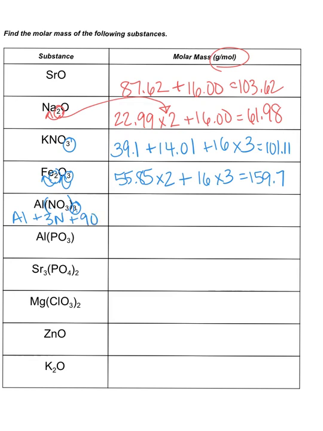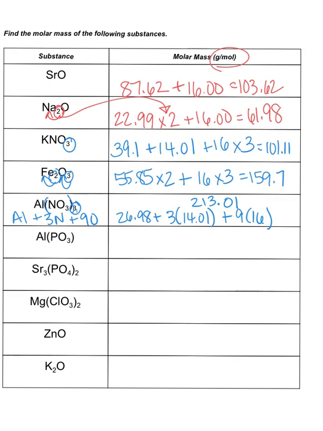The molar mass of aluminum is 26.98, plus 3 times N, which is 14.01, plus 9 times 16. When I add all of this together, I get 213.01 grams per mole. That's how I'm going to do that one.